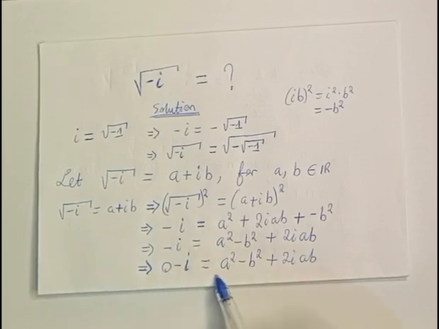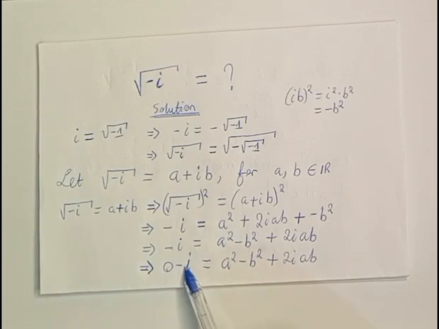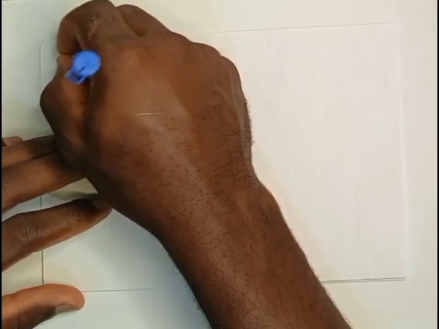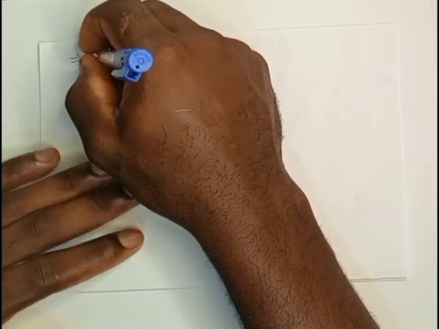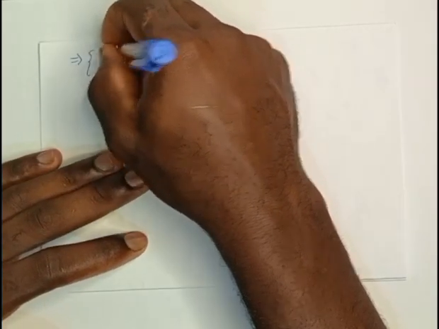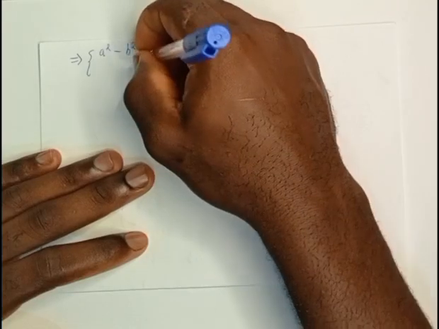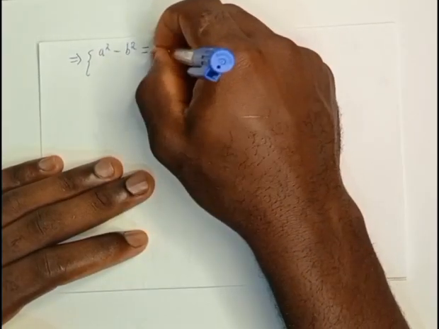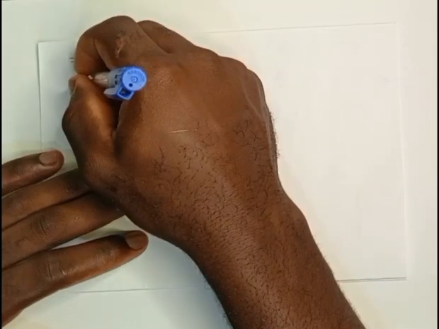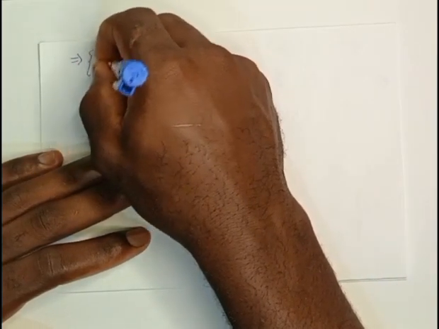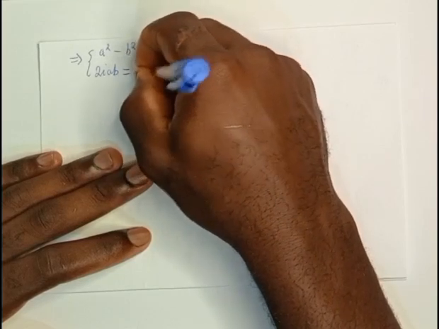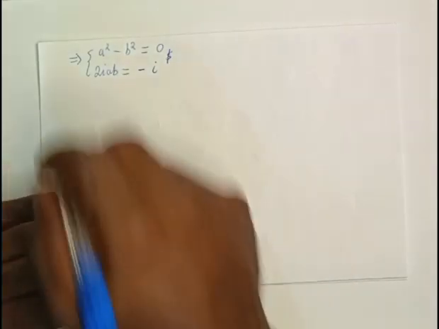The left hand side being equal to the right hand side, it simply means the real parts are equal and the imaginary parts are equal. Then this will give us a squared minus b squared equal to 0, and 2iab equal to negative i for the imaginary parts.